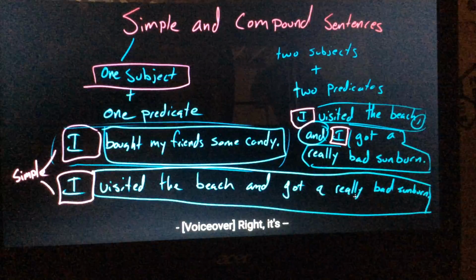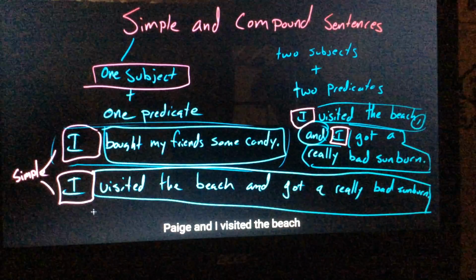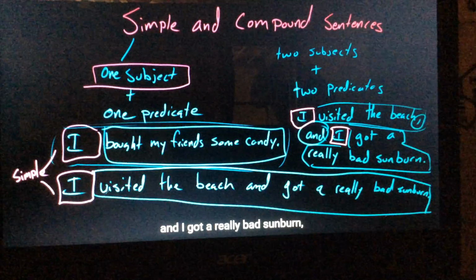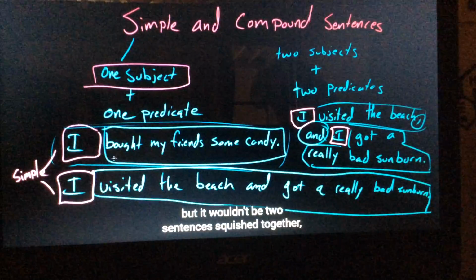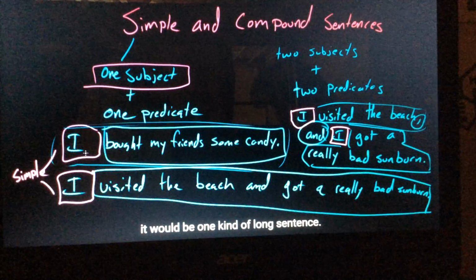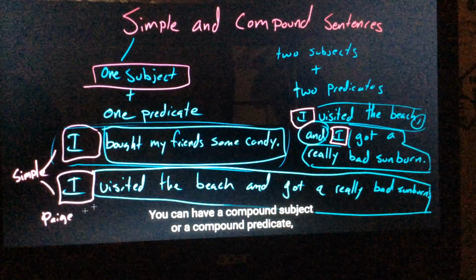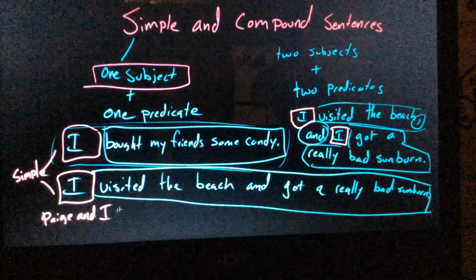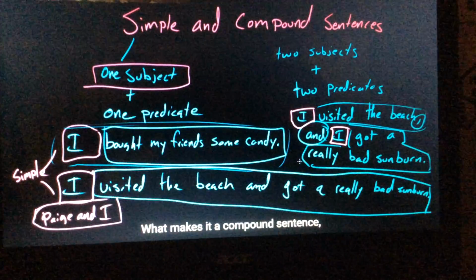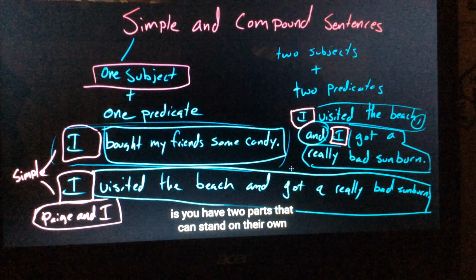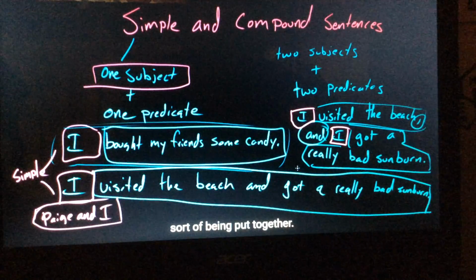And even if I'd written, Paige and I visited the beach and got a really bad sunburn, that would still be a compound subject, but it wouldn't be two sentences squished together. It would be one kind of long sentence. You can have a compound subject or a compound predicate, but that doesn't make it a compound sentence. What makes it a compound sentence is you have two parts that can stand on their own as individual sentences, and they're sort of being put together.